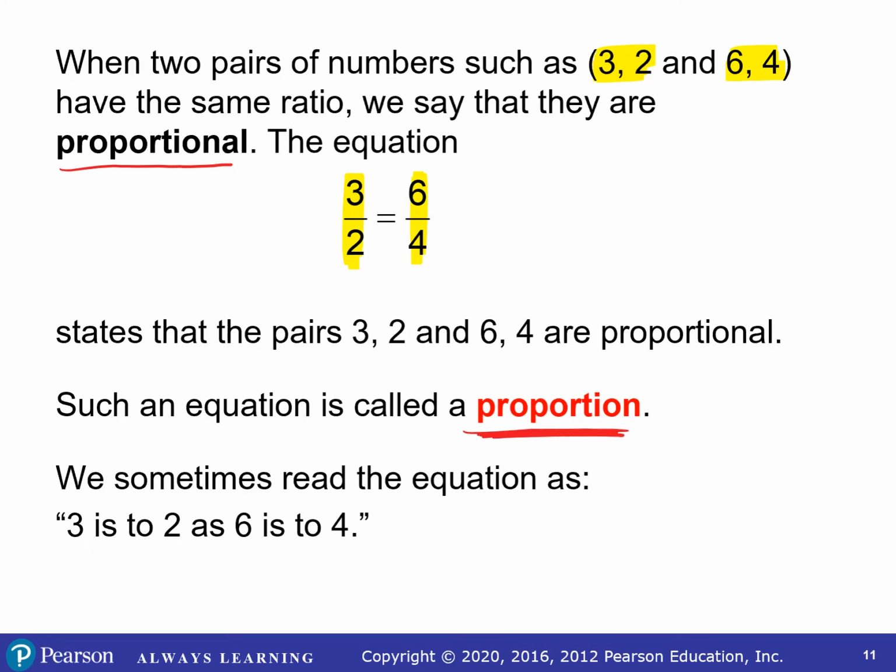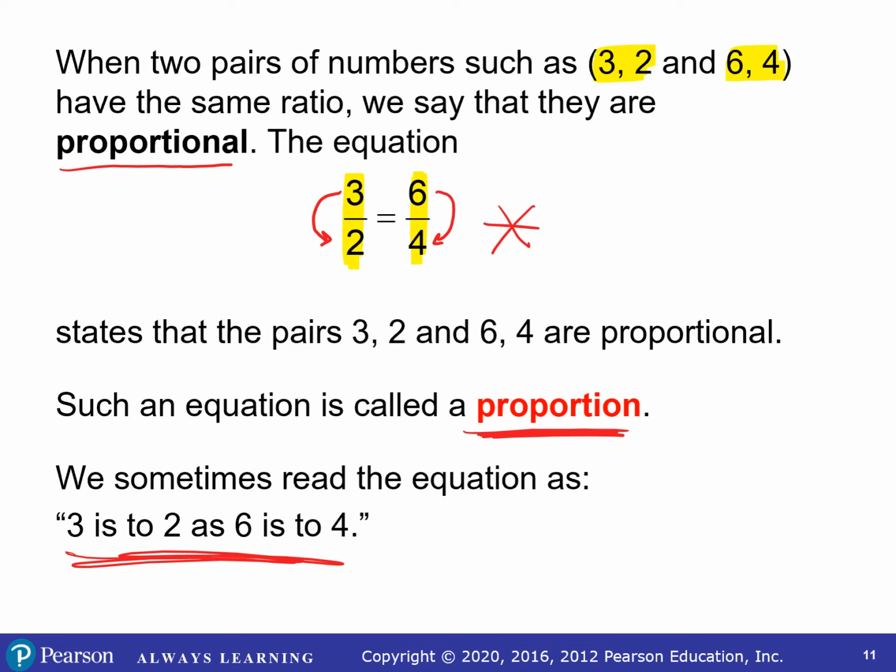And just like we could use the word "to" with a ratio, sometimes, it's not very common, but sometimes we could do the same with a proportion. So we would say 3 is to 2 as 6 is to 4. That's what this says down here. That's not very common. Normally, if we're using a proportion, we're using an equation. So there's an equal sign and there's two fractions involved.